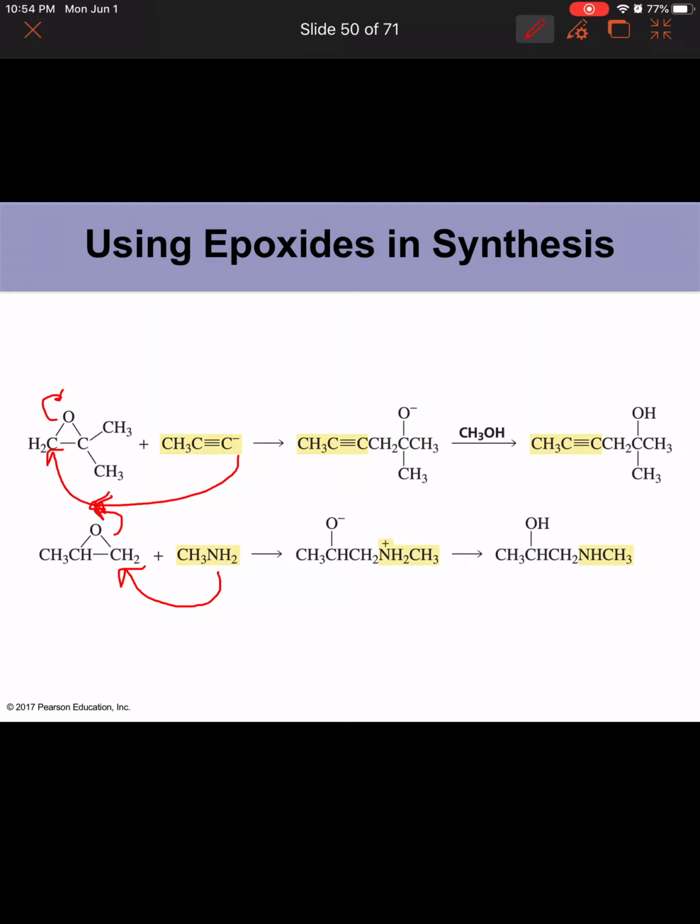So CH3CHO minus, and this carbon attached to this nitrogen, NH2CH3, and this additional proton will be lost to this oxygen, and then you have the final product.